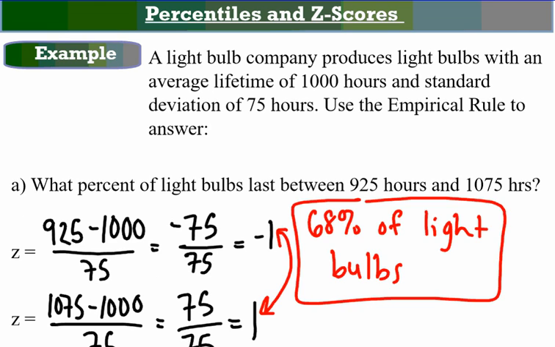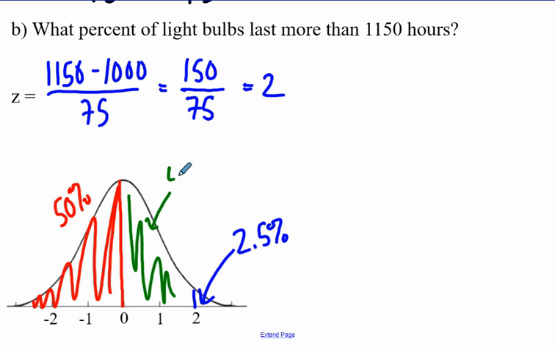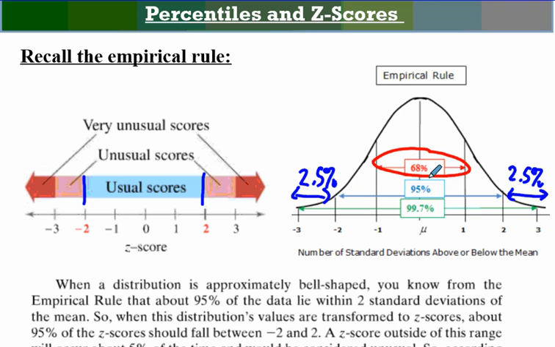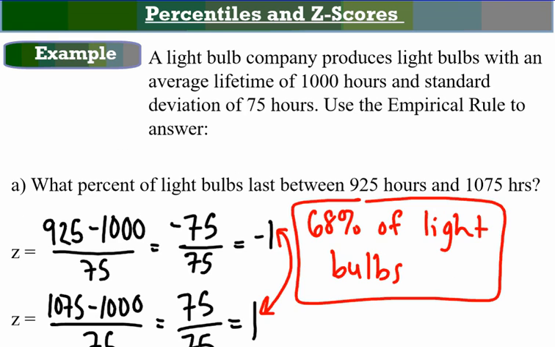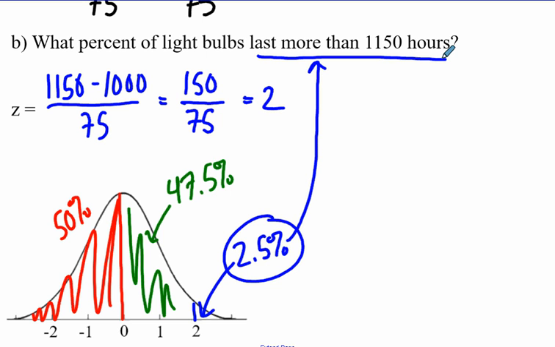That 47.5% comes from the combination of half of 68 and half of the remaining that is subtracted from 95 and 68. So I get 2.5% left in that far right. So 2.5% of light bulbs are going to last more than 1,150 hours.